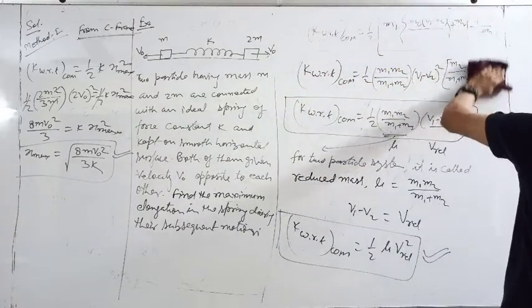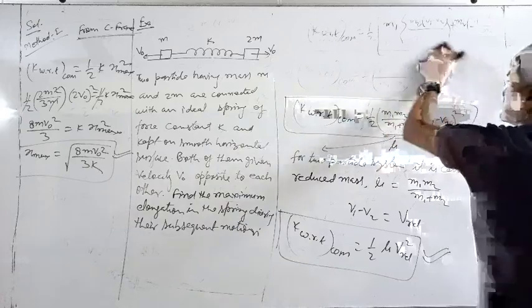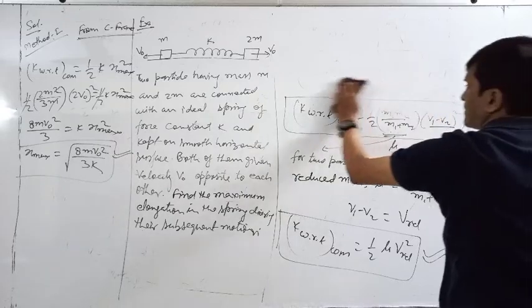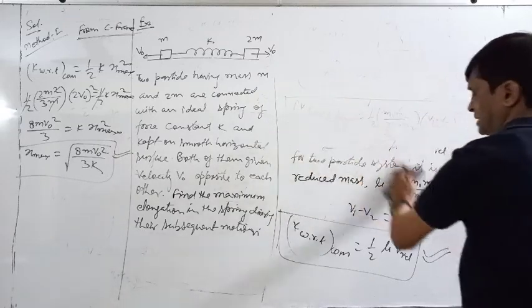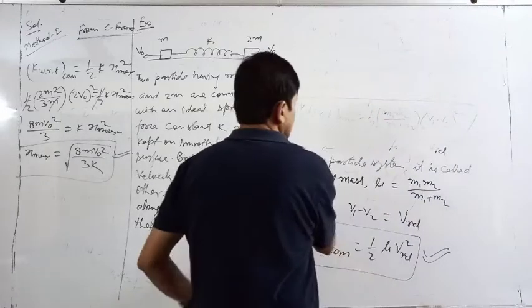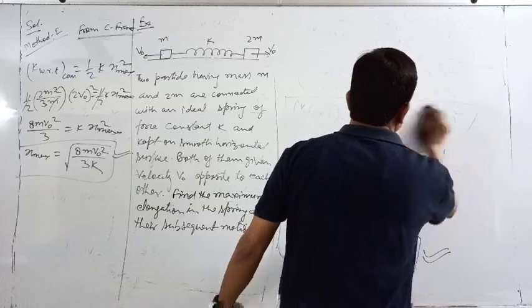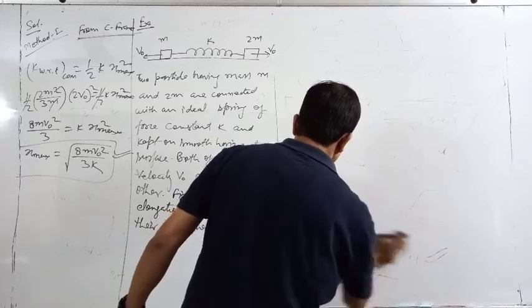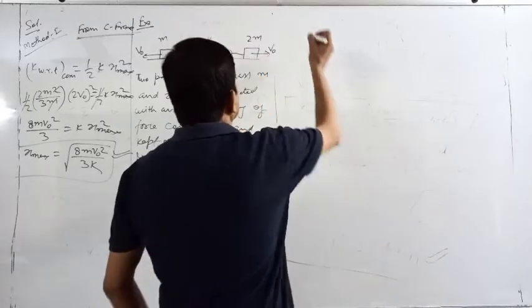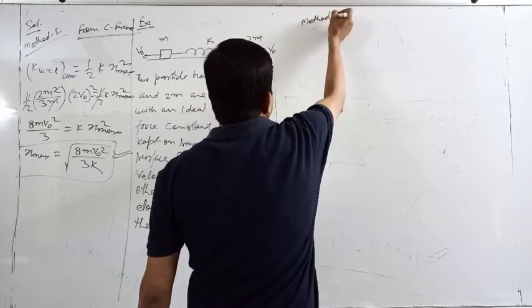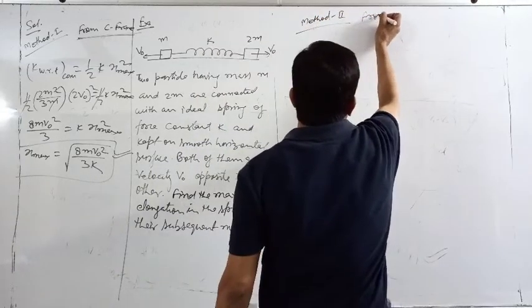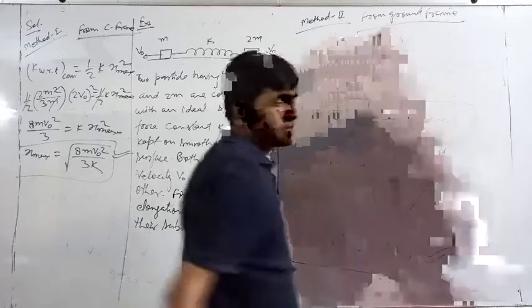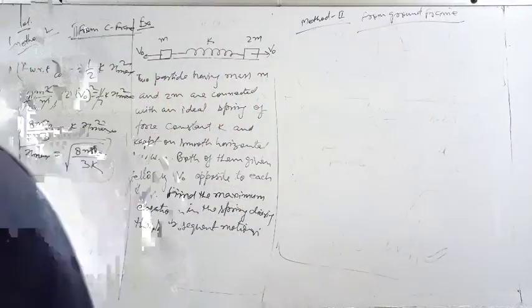See, now method 2, from the ground frame. The ground frame is the normal method.